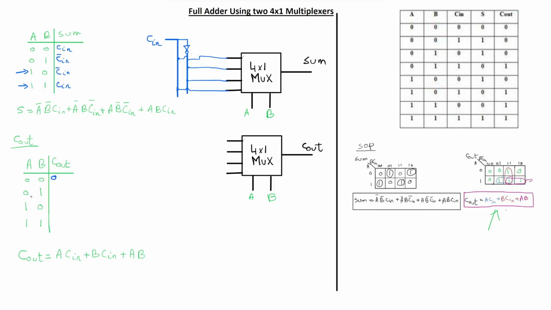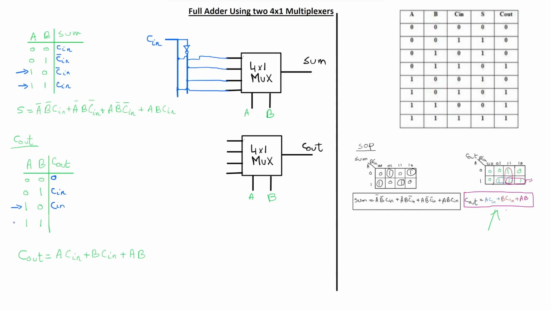Now for the second row, when A is 0 and B is 1, the first term will be 0 because A is 0, plus the second term, B is 1 multiplied by Cin, plus the last term, A is 0, so it will be 0. So from this, we will pass Cin. Now for the third combination, A is 1 and B is 0. So A is 1, we will get Cin, plus B is 0, so this will be 0, plus the last term will be 0. Also, we will pass Cin.